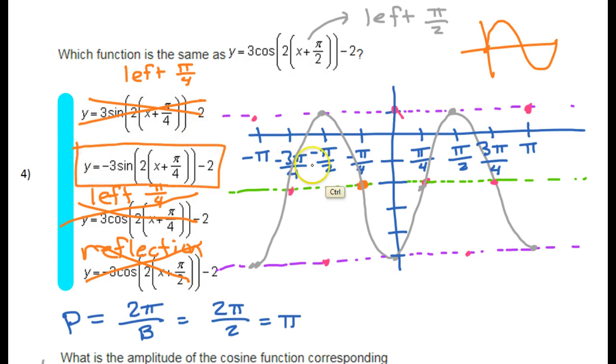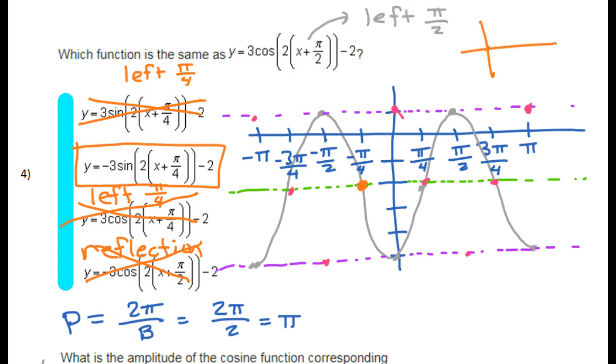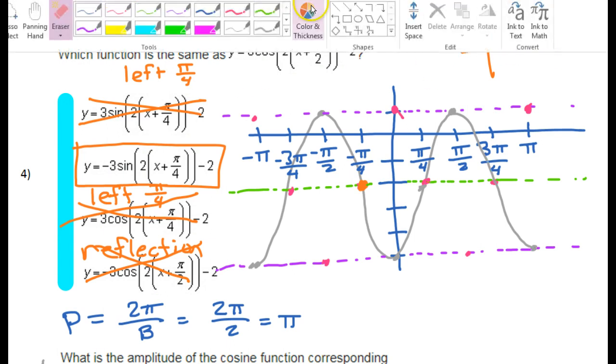but hopefully you can see why it is the answer. Again, it has that same phase shift of left pi over 4. That's why we're starting here at this dot right here. Sine always starts on the midline, so I'm starting right here. But because of the negative sign, instead of going up and then down, the negative sign means it's reflected over the x-axis.